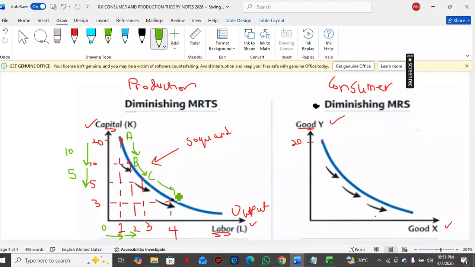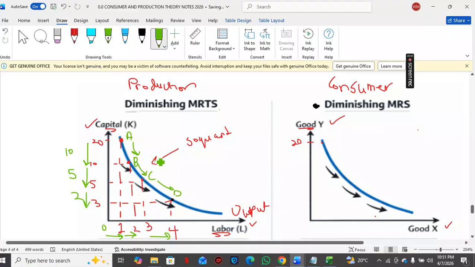When we move from point C to point D, we've given up now from 5 to 3 machines. We've given up 2 machines to get another worker. So you can see the trade-off rate is dropping. First 10 machines, then 5, then 2.